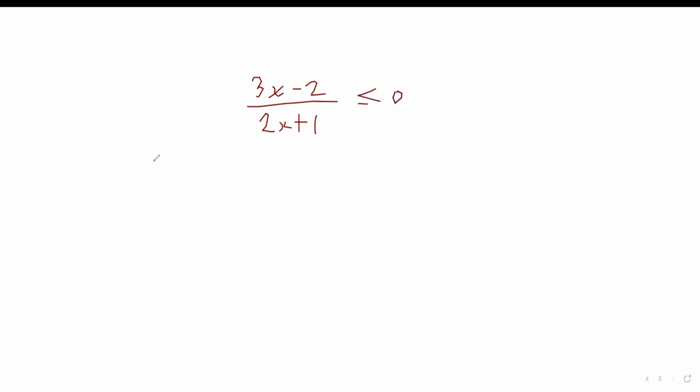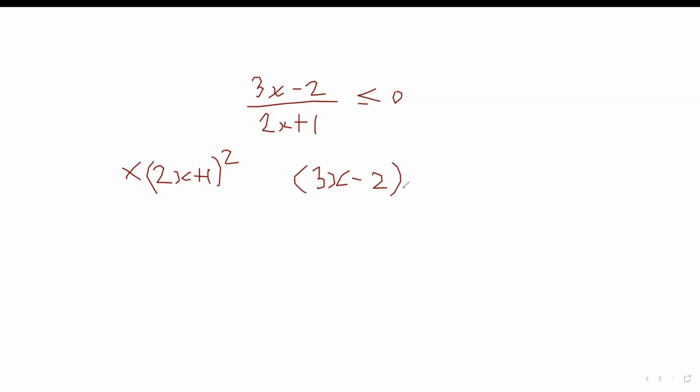So the first thing we're required to do, we need to multiply through by 2x plus 1 all squared. If we multiply through by 2x plus 1 all squared, what's going to happen is that we're going to end up getting 3x minus 2 over, look at this, multiplying by the square of it.